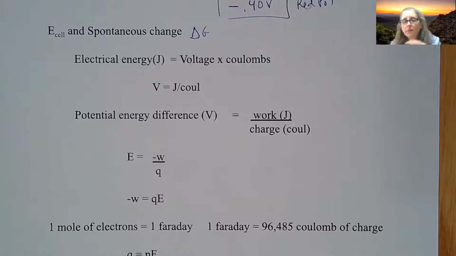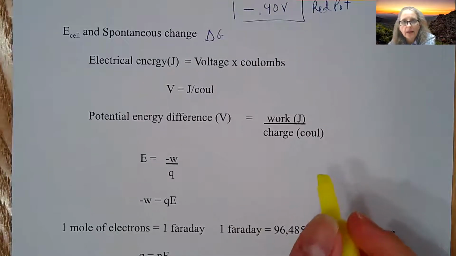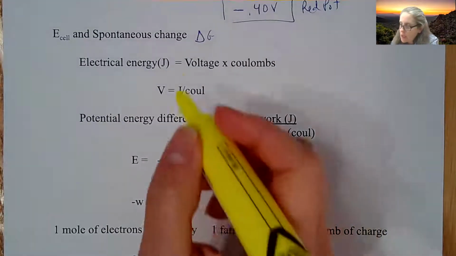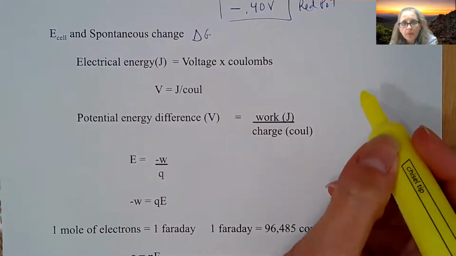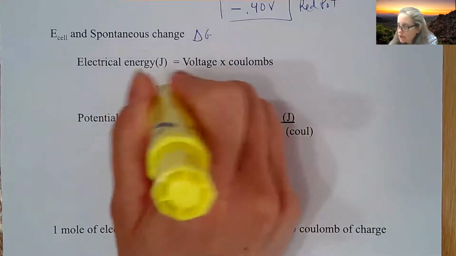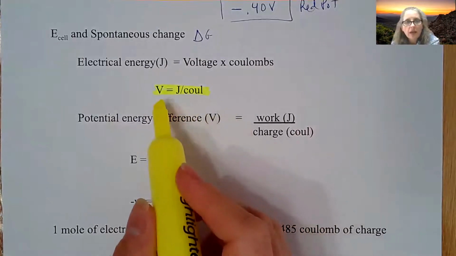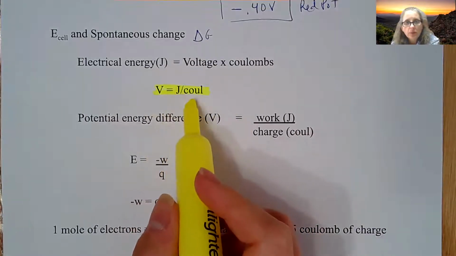So relating this all back to delta G and Gibbs free energy, if we have chemical change driving the electrical energy, we know electrical energy is equal to voltage times coulombs, okay? And we know the definition, which I gave you previously, is every volt is a joule per coulomb.